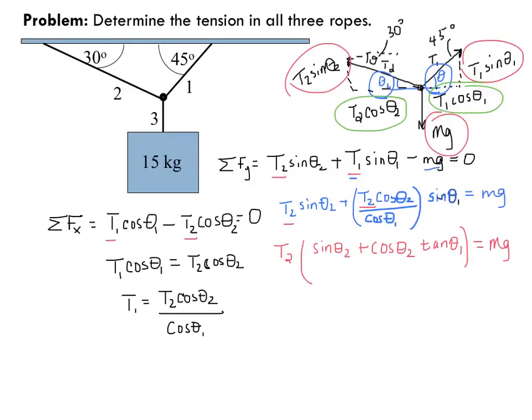And again, our last part is to solve for T2. So make sure that you plug in all of your numbers in your own calculator and double check that you get a value very similar to mine.